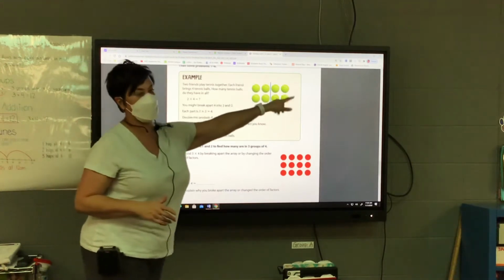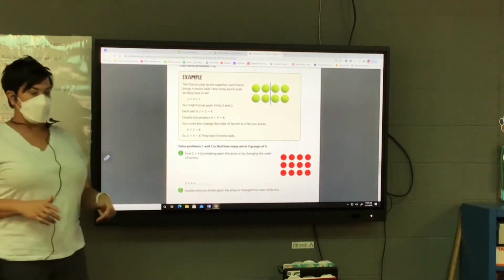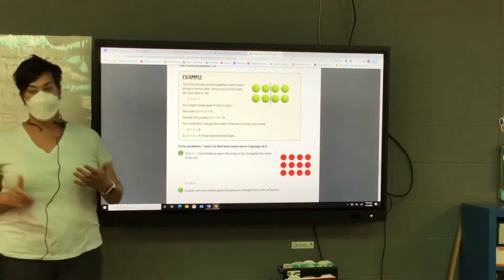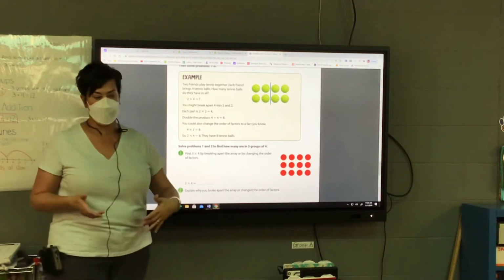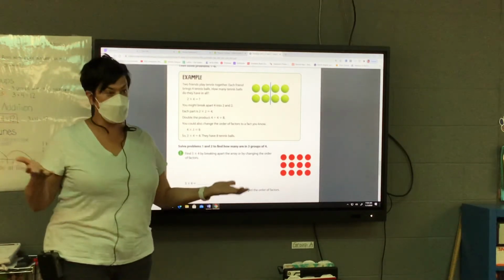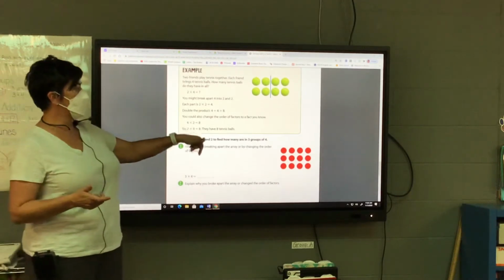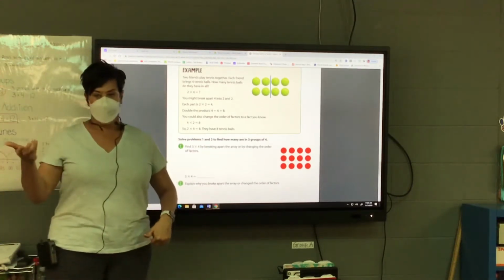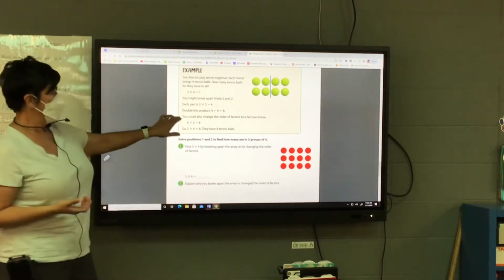And this friend brought how many? 4. So the multiplication equation is 2 times 4 equals what? That's what we have to find, right? So you might break apart 4 into 2 and 2. That's a really easy way to do it.